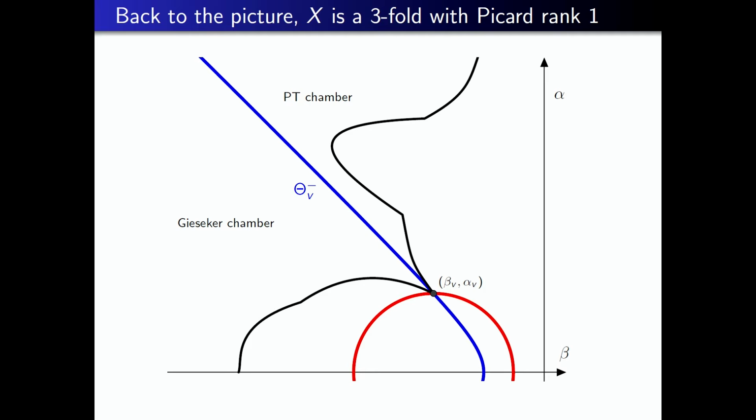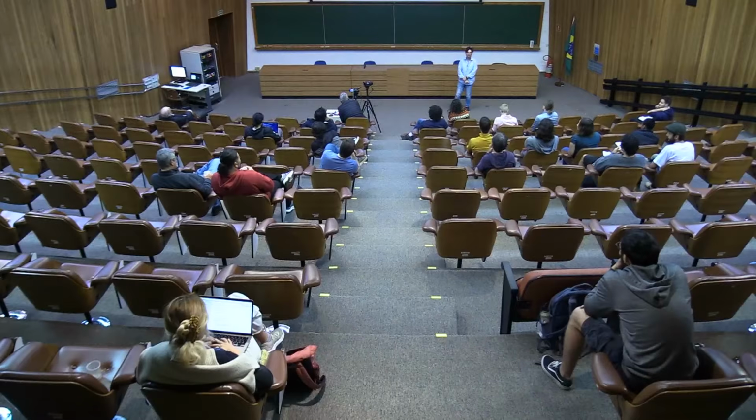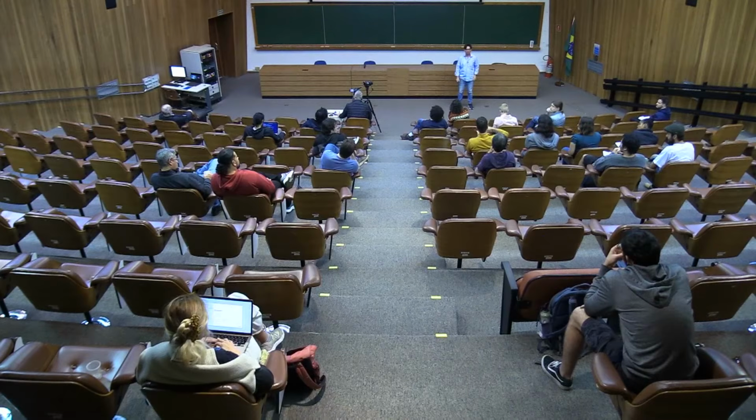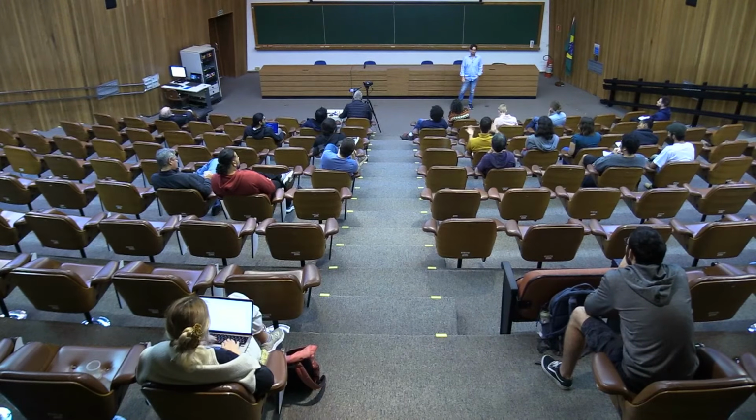Okay? Can I ask another question? When you change chamber, the stable objects change, right? Yes. And the stable objects in the Gieseker chamber are sheaves, right? Yes. When you change chambers, does the heart always change, or do you have some cases where adjacent chambers have the same heart?